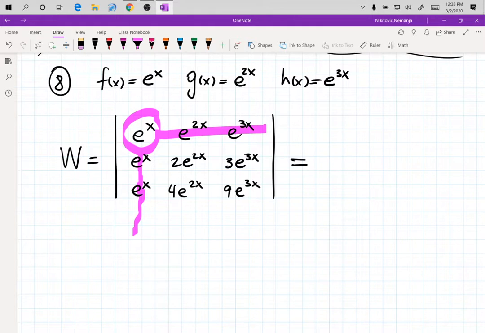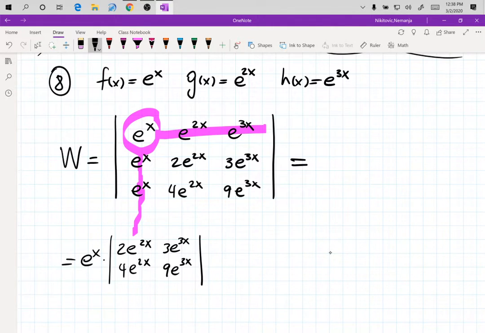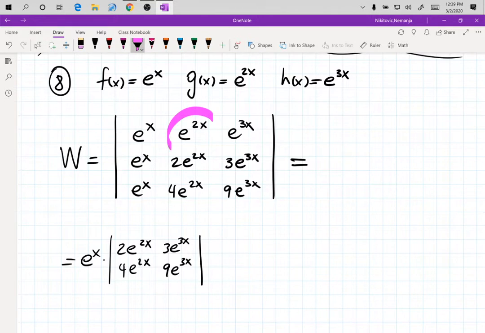So since I am picking e to the x first, I will start with e to the x times, and then here is the matrix of 2e, 2x, 3e, 3x, 4e, 2x, 9e, 3x. And we are done with this one. Now I am going to erase my lines, and I am going to pick the next, which will delete the row and the column.